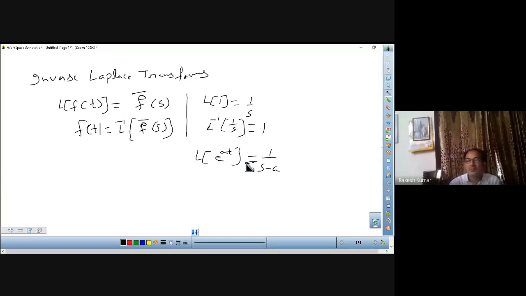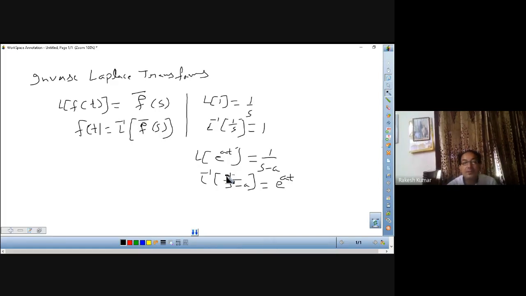This is also a standard Laplace transformation. And from this, we can find out Laplace inverse of 1 by s minus a is equal to e raised to power at. So for all the standard functions, we can find out the Laplace inverse transformation.